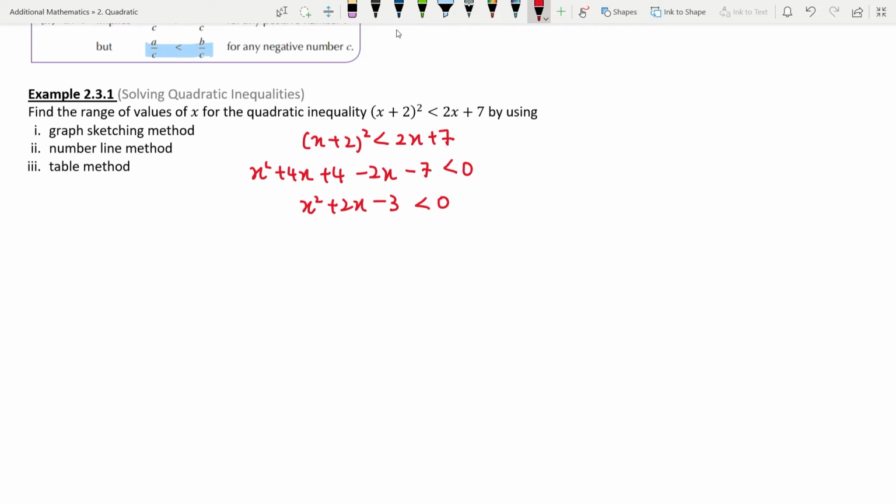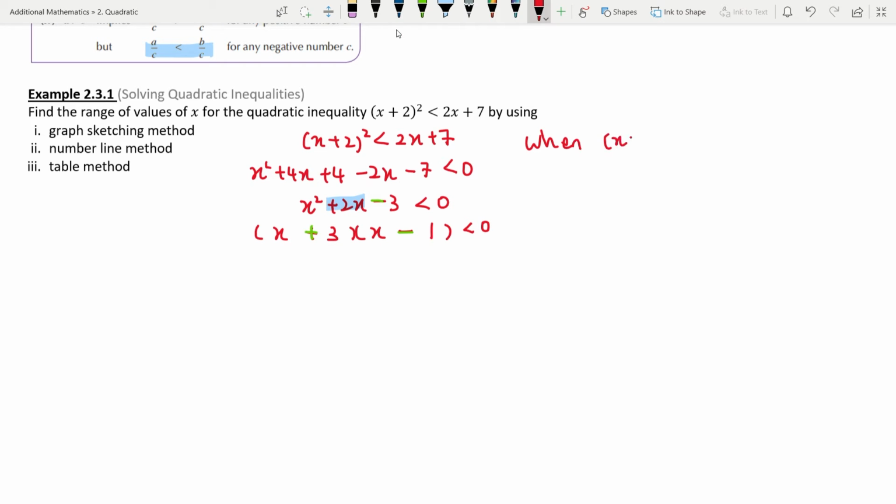Then we factorize the inequality. x squared is divided into x and x. For 3, there's only one combination, 3 and 1. In order to get a positive 2x, we add 3x minus 1x, and we check plus and minus, we get a minus. Therefore, (x plus 3)(x minus 1) is less than 0.